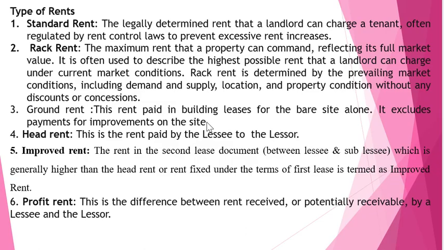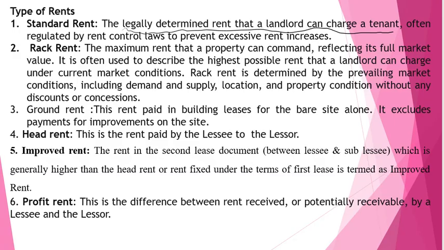Types of rents. The first type of rent is standard rent. This is the legally determined rent that a landlord can charge a tenant, often regulated by rent control laws to prevent excessive rent increases.